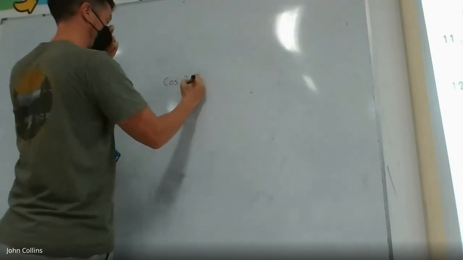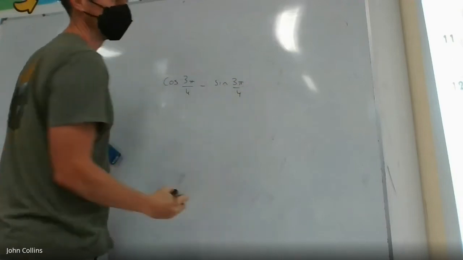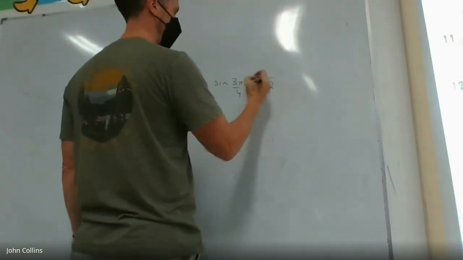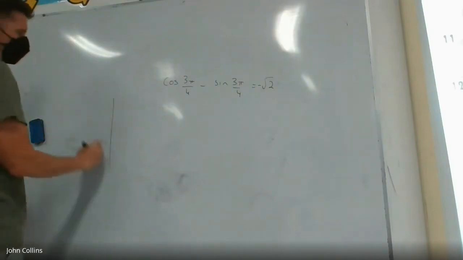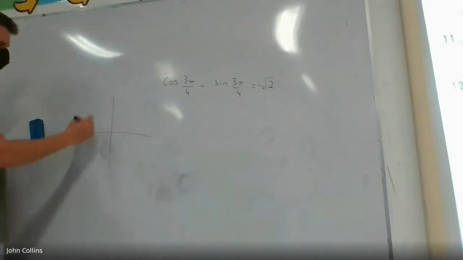Cos 3 pi over 4 minus sine 3 pi over 4 is equal to negative... So that's this quadrant, isn't it?